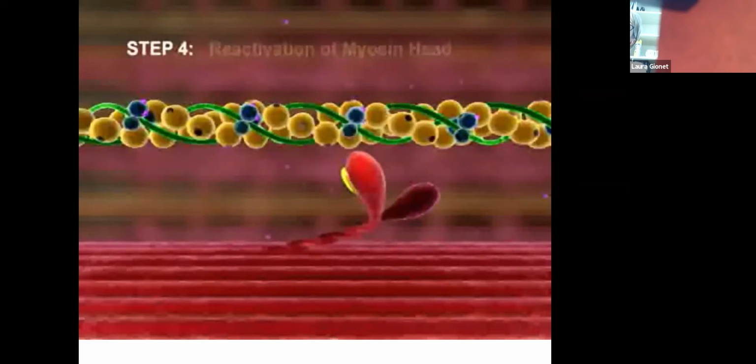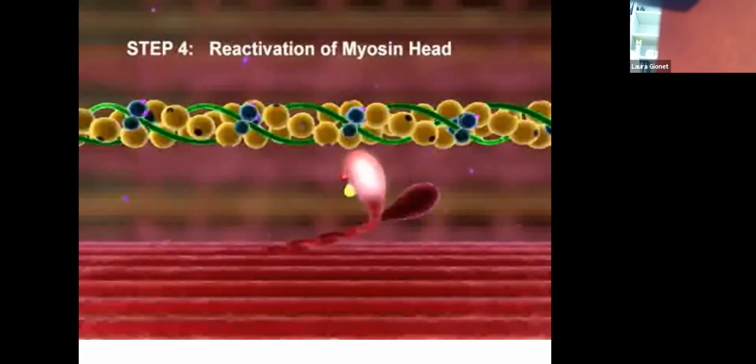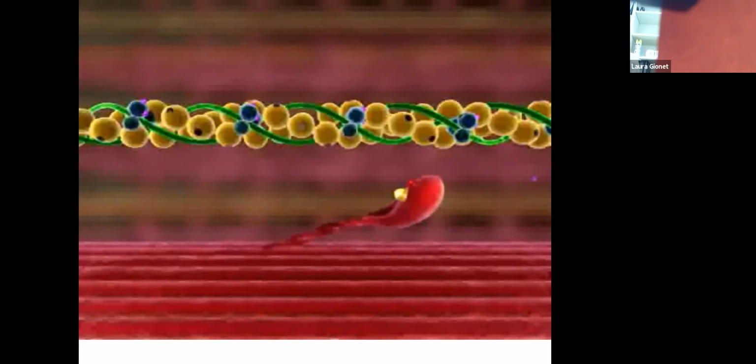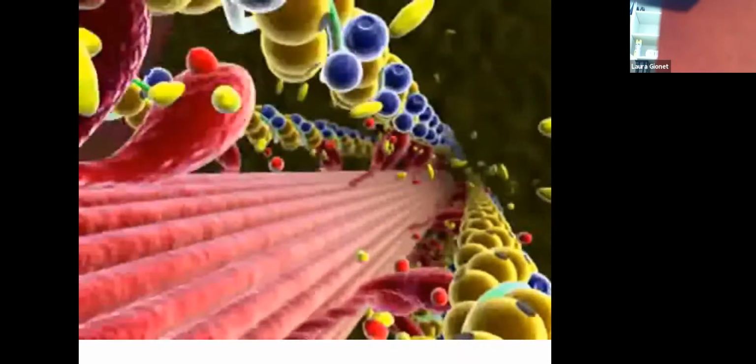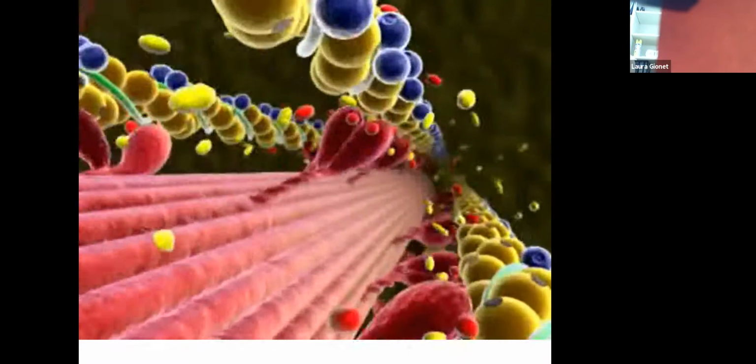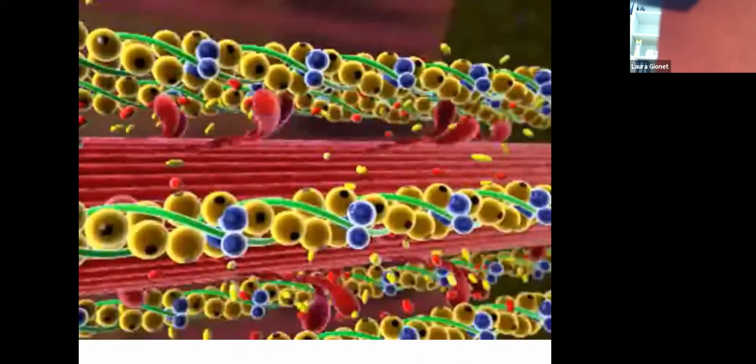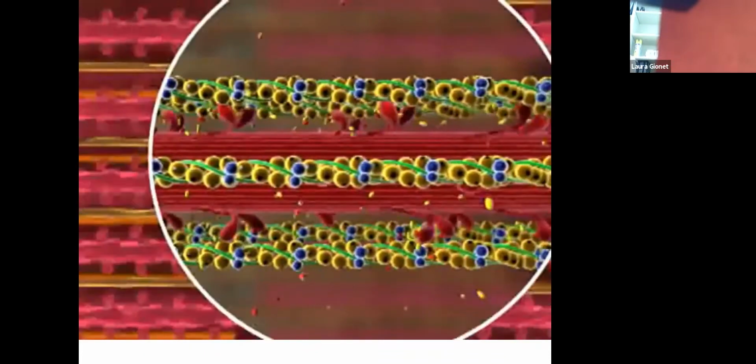Step 4, reactivation of the myosin head. ATP is hydrolyzed to ADP and inorganic phosphate. The energy released during hydrolysis reactivates the myosin head, returning it to the cocked position. As long as the binding sites on actin remain exposed, the cross-bridge cycle will repeat. And as the cycle repeats, the thin myofilaments are pulled toward each other and the sarcomere shortens.